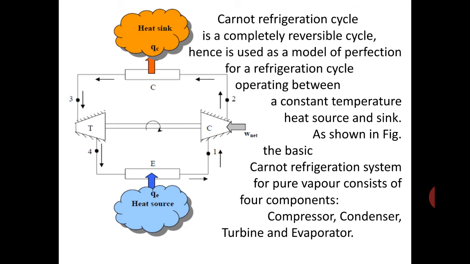So the Carnot refrigeration cycle is a completely reversible cycle, hence it is used as a model of perfection for a refrigeration cycle operating between a constant temperature heat source and sink.